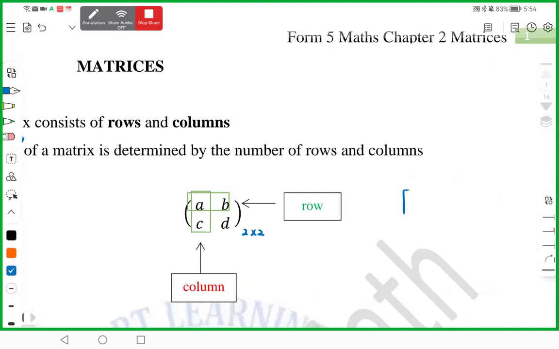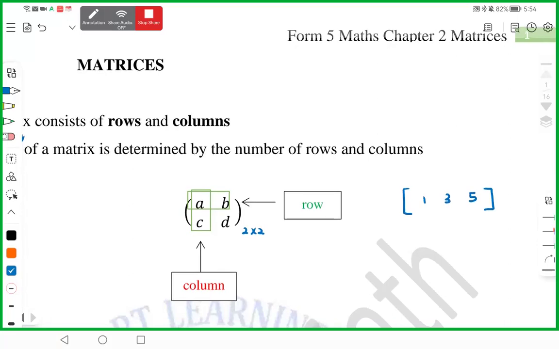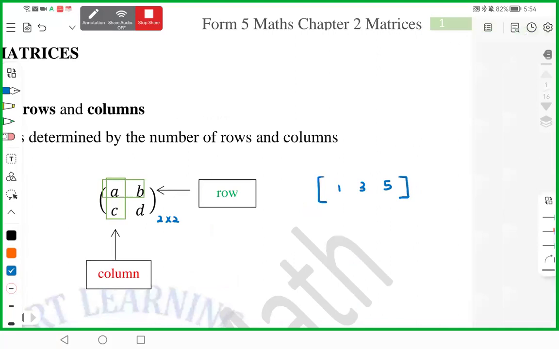If I write the matrix in this way, how many rows and how many columns on the right side? 1 row, 3 columns. So when you want to write the order, we write 1 by 3, 1 times 3.